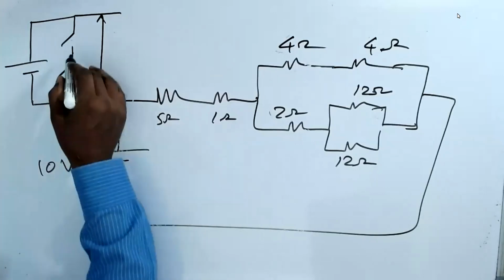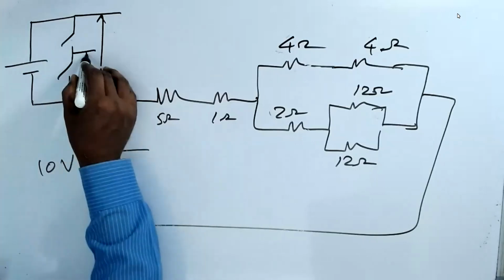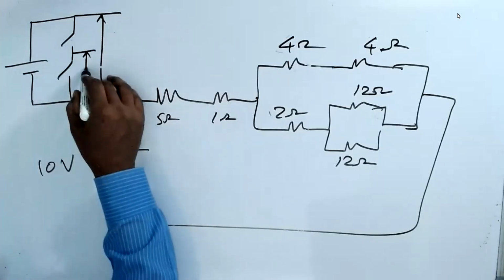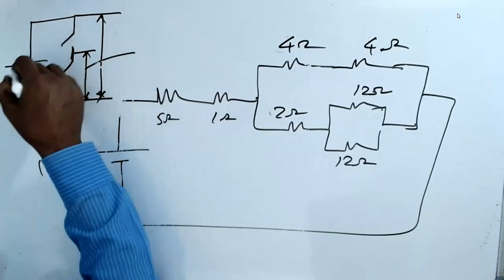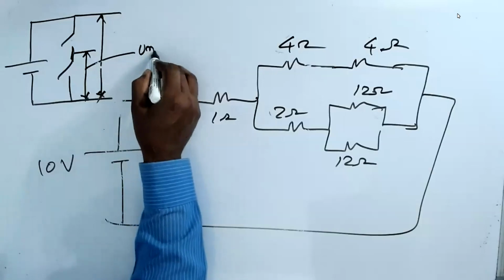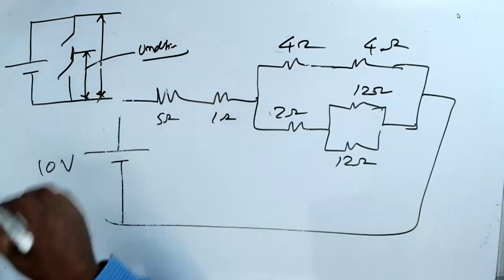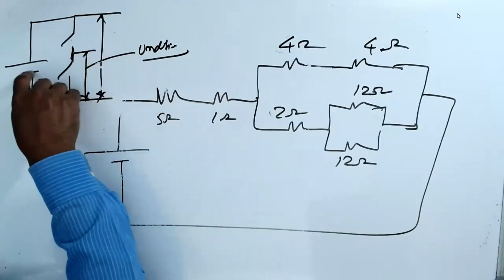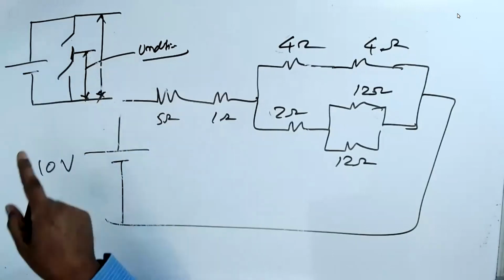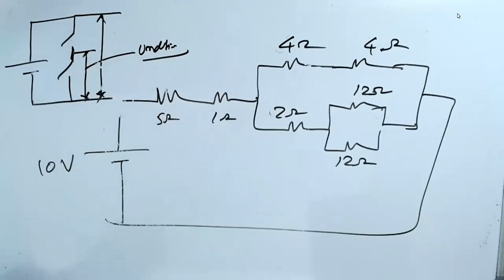And this voltage, you cannot determine, because there is no source connected here. So this is called undefined. This is also undefined because this point is not connected to this anywhere, so you cannot have a reference at all. Yes, both are undefined.